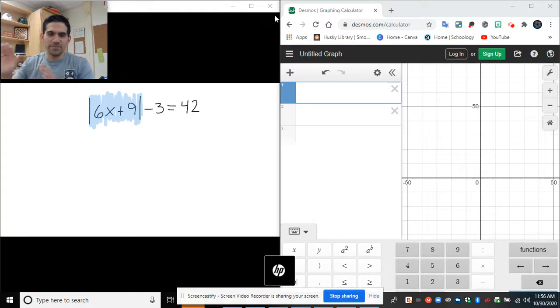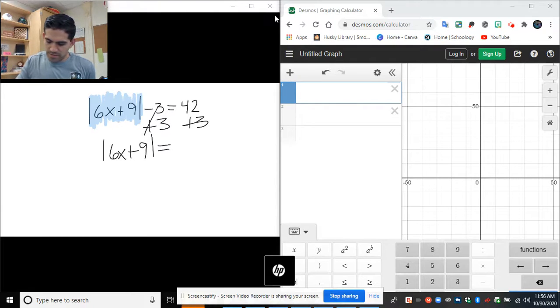To move it over, we do the exact opposite: plus 3 on both sides. That cancels the 3's here, and we bring down the absolute value part. We have the absolute value of 6x plus 9 equals, when you add 3 to 42, 45.